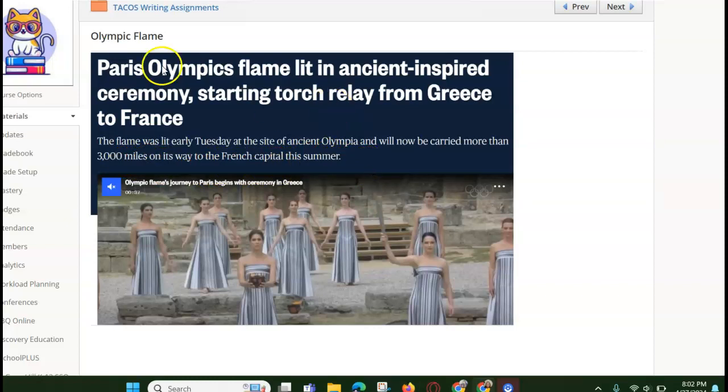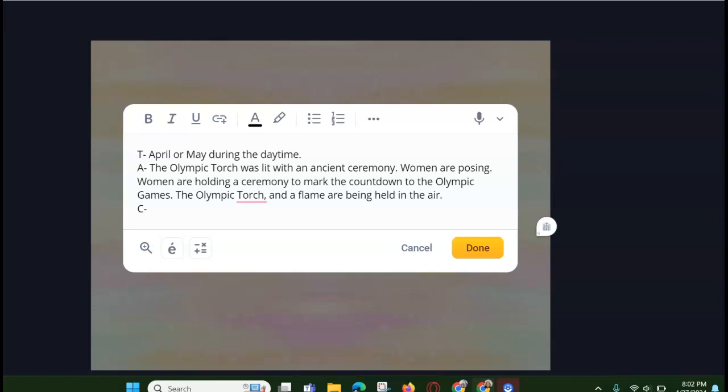So we will go back and we will say the Olympic flame was lit in an ancient inspired ceremony recently.